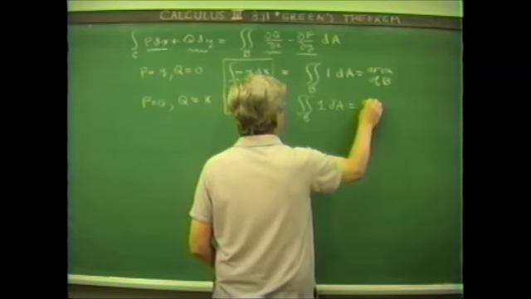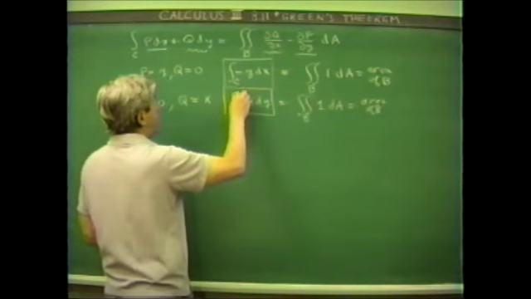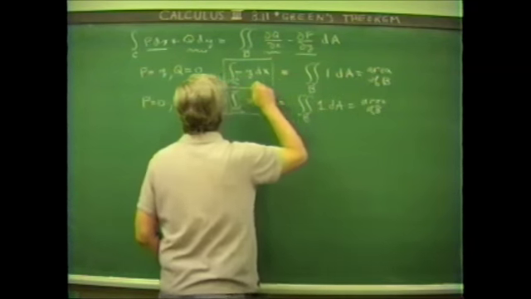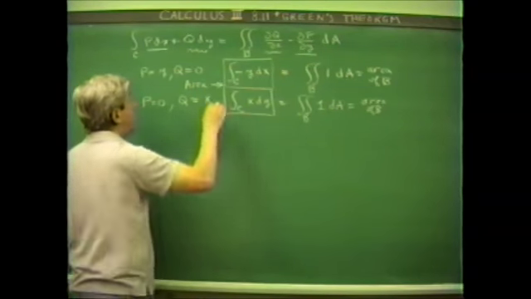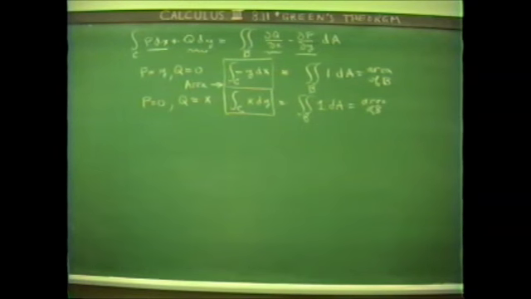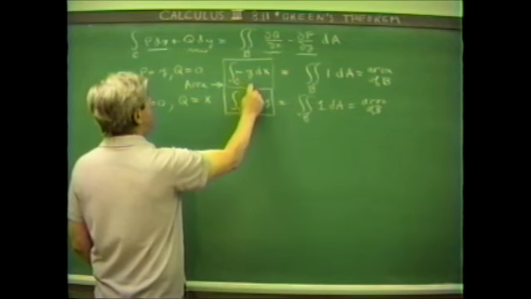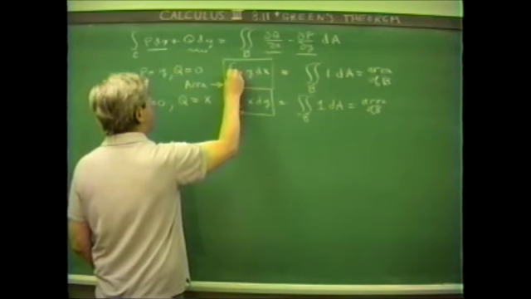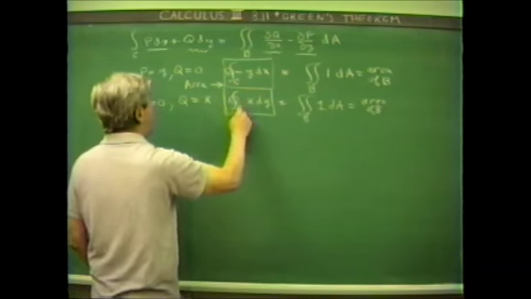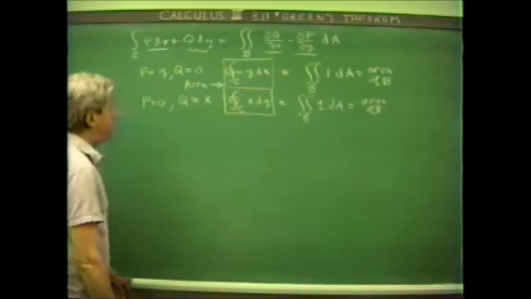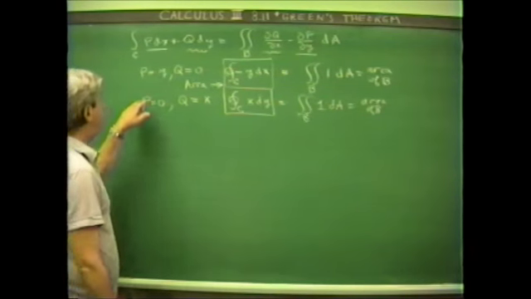And so this again is the area of B. So the area of B can be computed, if we've got a curve C, by integrating around C counterclockwise of minus y dx, or either way, integrating x dy around C. So this is an application that's sometimes made of Green's theorem.